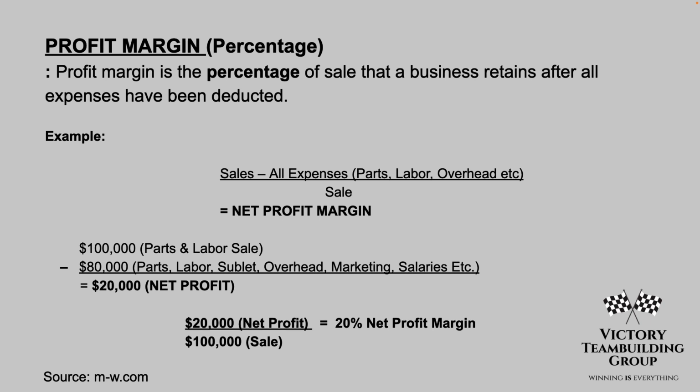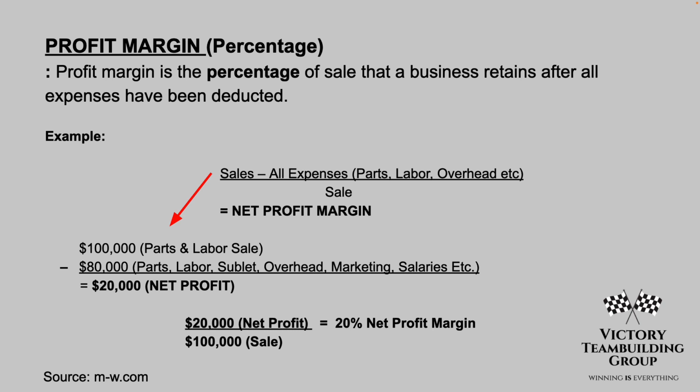So, for example, we have $100,000 in parts and labor sales, maybe sublets in there too, minus $80,000 in all expenses. So that's the parts, the labor, the sublet, the overhead, marketing, salaries, all that stuff.